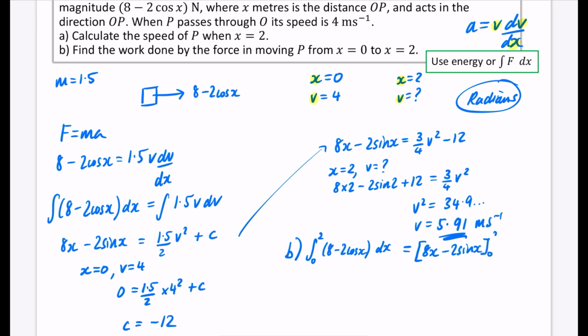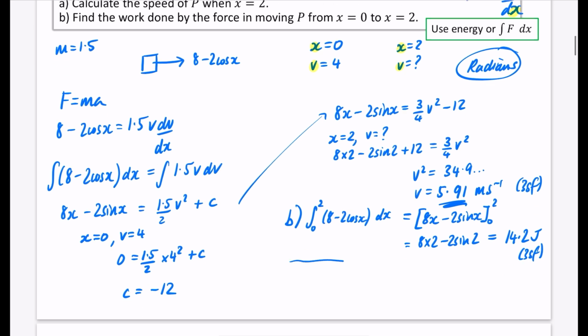And that's just going to be between 0 and 2. So when I sub in 2, that's going to be 8 times 2 minus 2 sine 2. And when I sub in 0, it's just going to be a 0, so I don't need to bother with that. So that is 16 minus 2 sine 2, and that is going to be 14.2 joules. Of course, all my answers are to three significant figures.